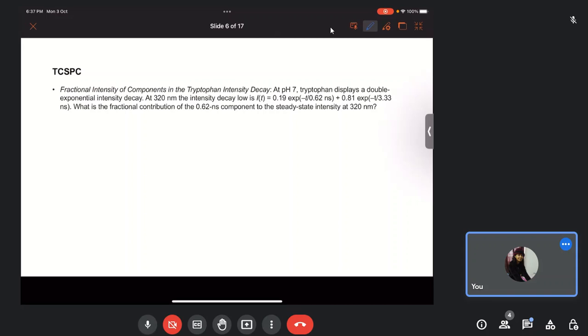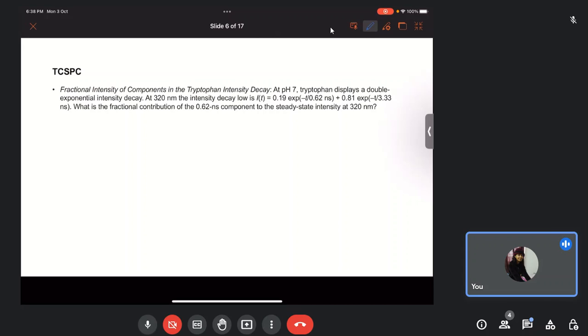So we had seen one of the methods using which you can measure the fluorescence lifetime, time correlated single photon counting. In this part there is one particular question that we need to discuss in today's session. It is to find the fractional intensity of components of tryptophan intensity decay.